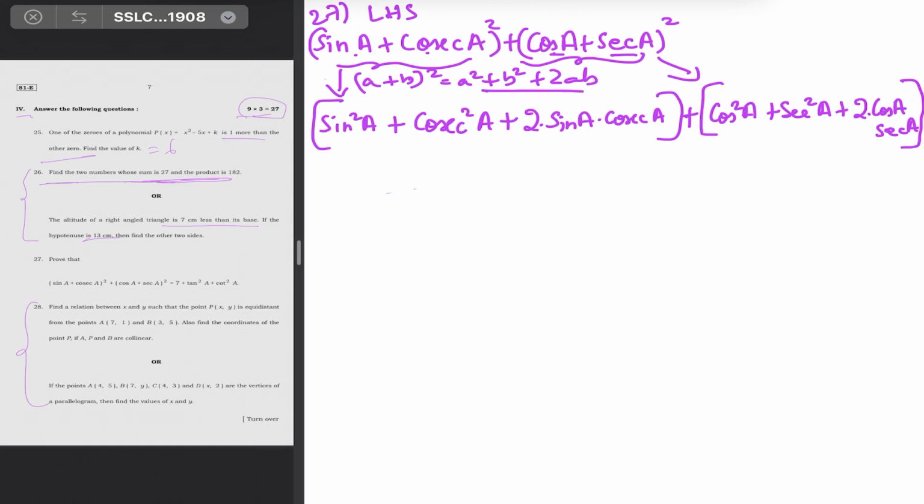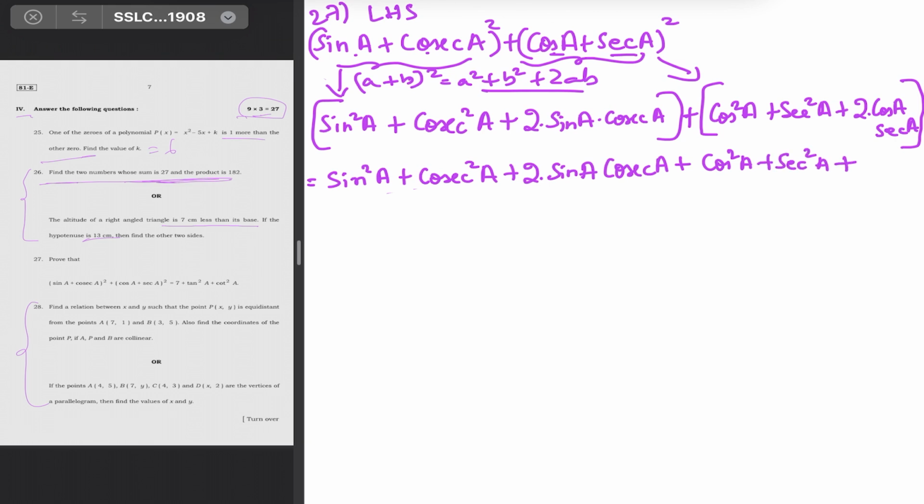Then, we have sin square A plus cosecant square A plus 2 into sin A into cosecant A plus cos square A plus secant square A plus 2 into cos A into secant A.